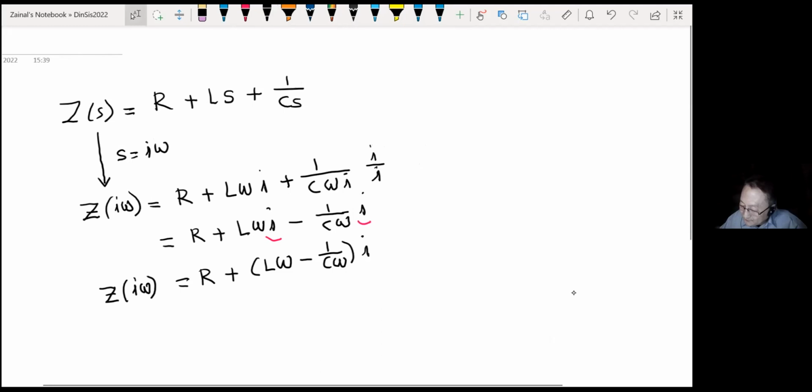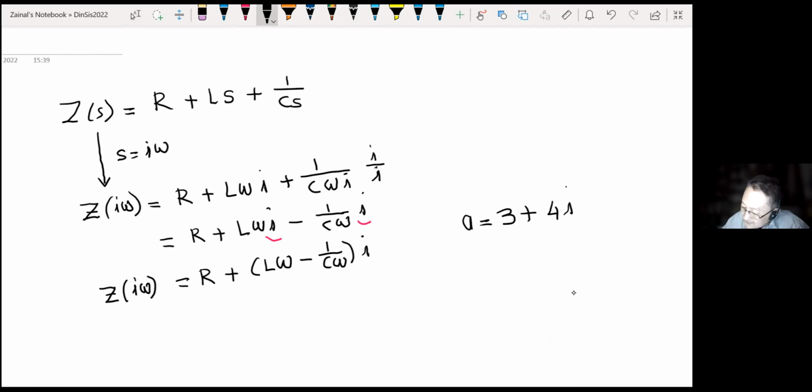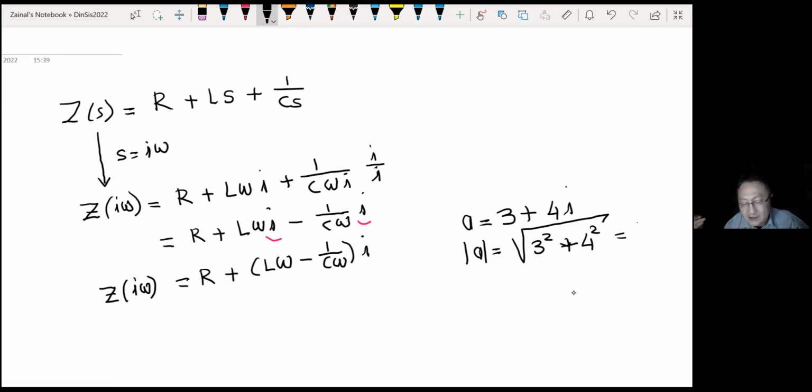Remember, if you have A equal to 3 plus 4I, then the magnitude of A is the square root of 3 squared plus 4 squared. 9 plus 16 is 25, so this one is equal to 5.